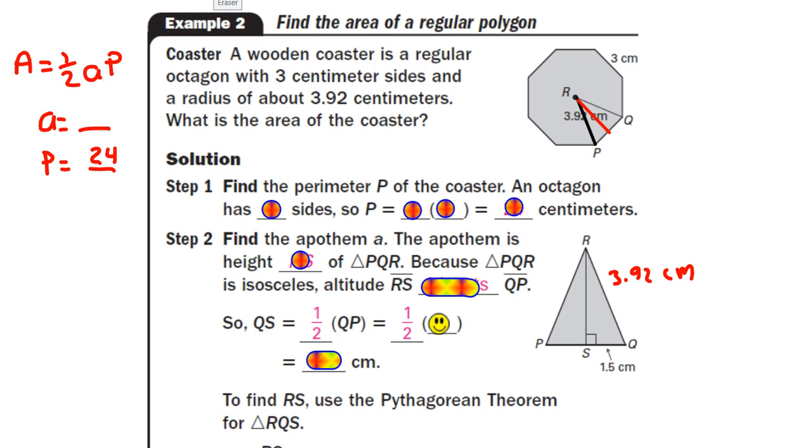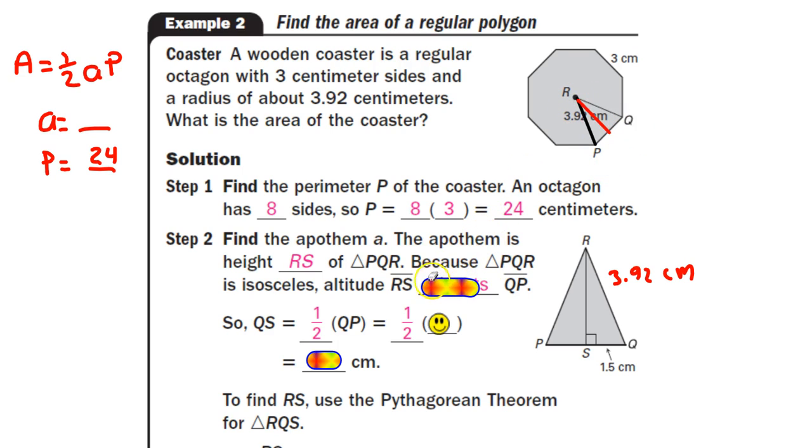Okay, so let's look at how the note-taking guide says all this. So find the perimeter. They're saying you have 8 sides. They're all 3 centimeters, so that's 24 centimeters. And then find the apothem. The apothem is what they're calling here segment RS of triangle PQR.